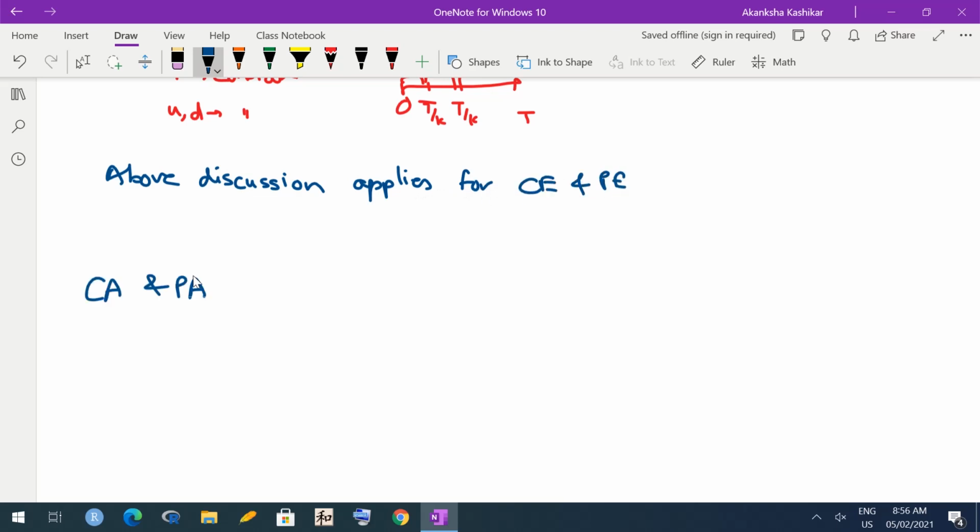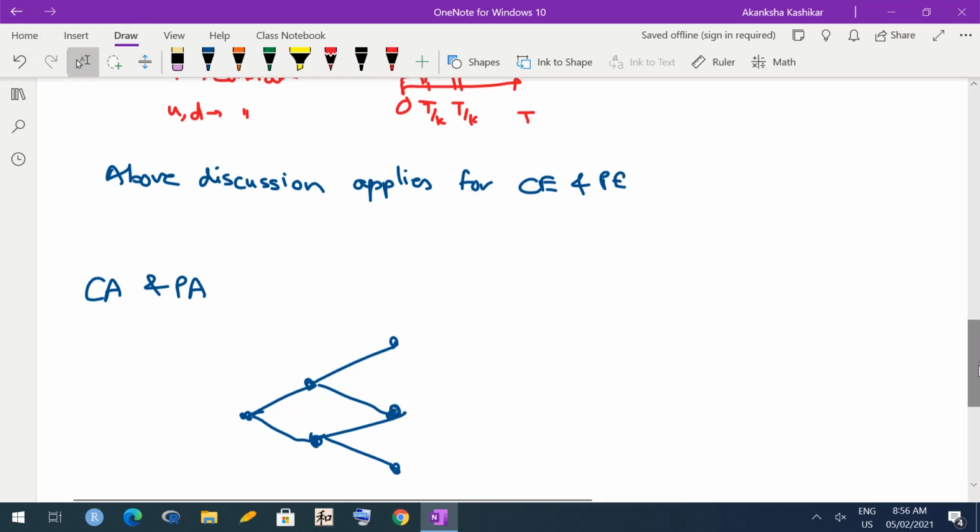Now for American call and put options, we need to consider the possibility of exercising in between. So how do we do that? Okay. So now let us first focus on the call option. Okay.